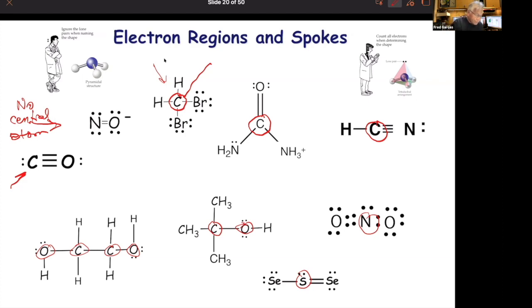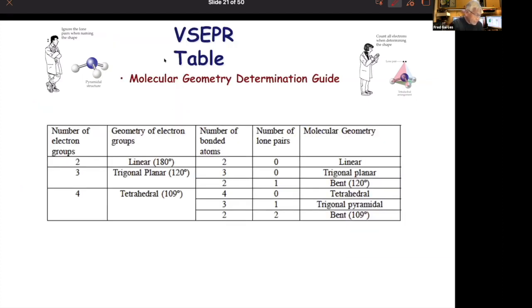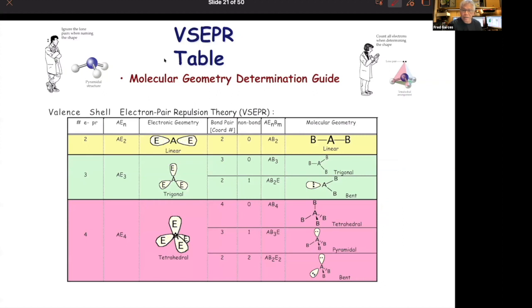Okay, so this is basically it. I think this might be found in your textbook. This is what I like to use. This is found in your lab manual. And what you want to do is start here.